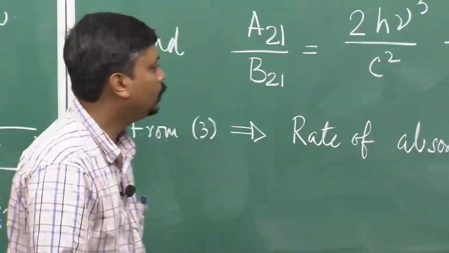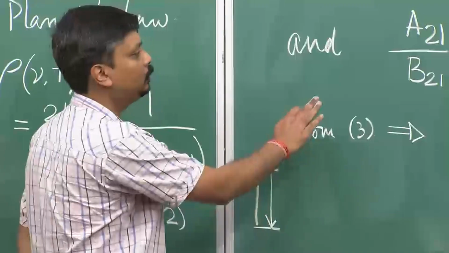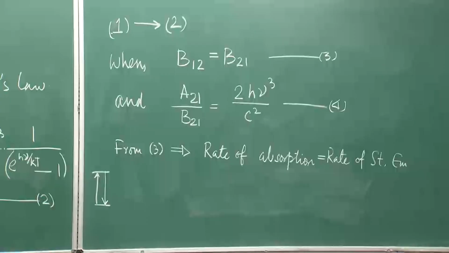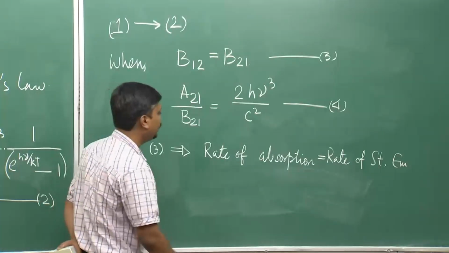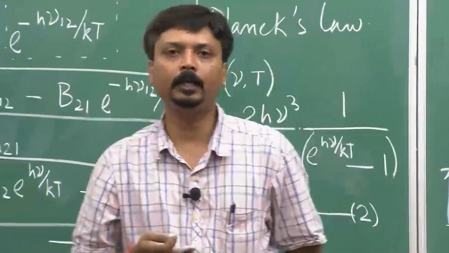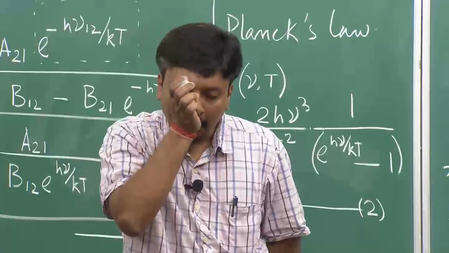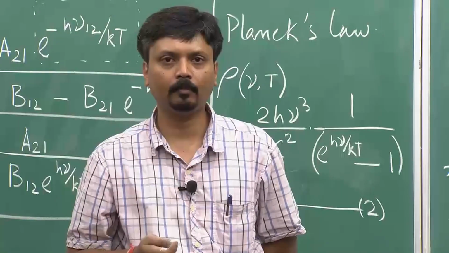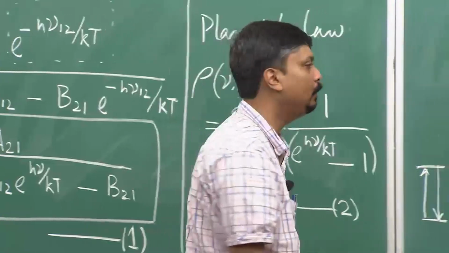Okay. So, this is what we see here, and actually if you think about it, this can be a problem in having laser action. Why? We will see it in a while.